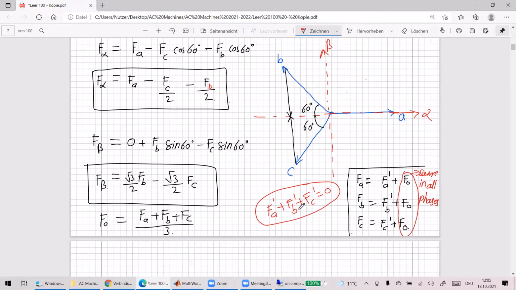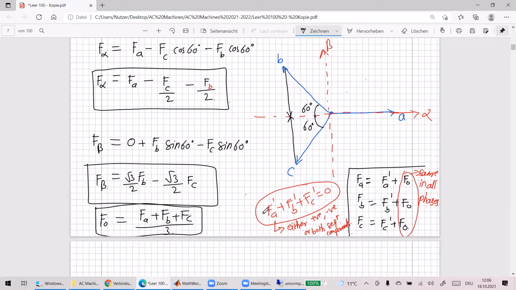These are either positive, negative, or both sequence components, and then the zero sequence is this one. So this is how you can find your transformation equations. It was easy, right?